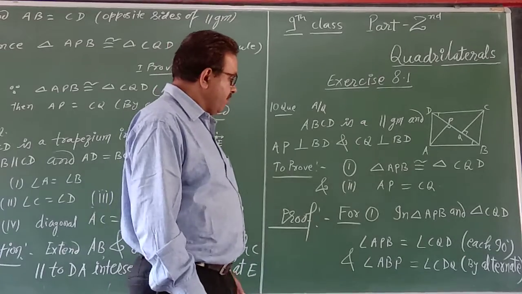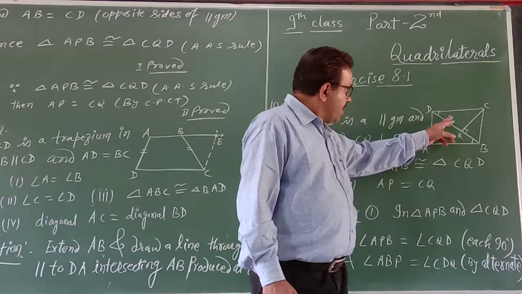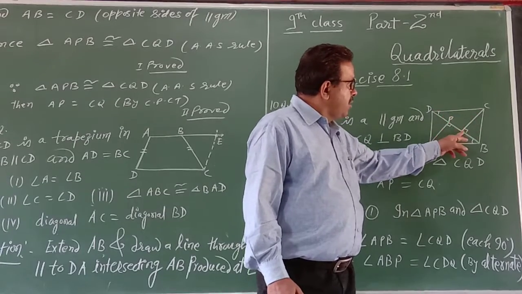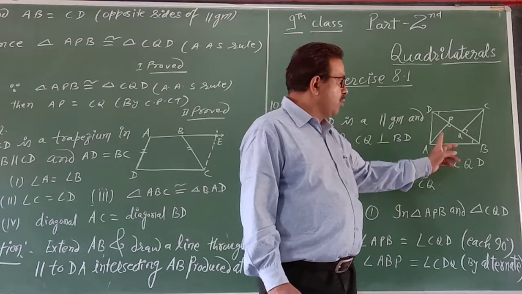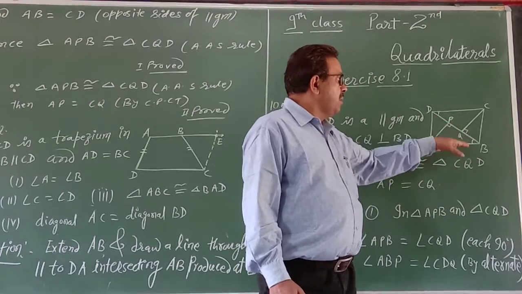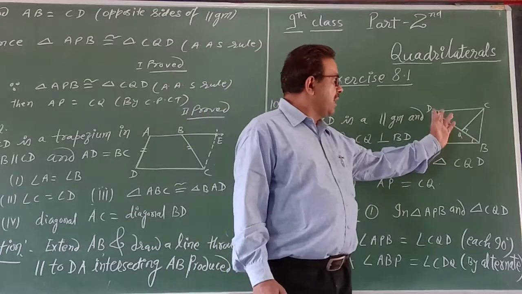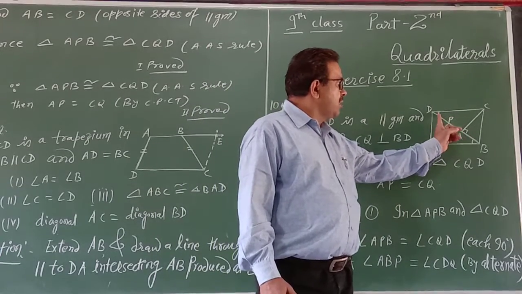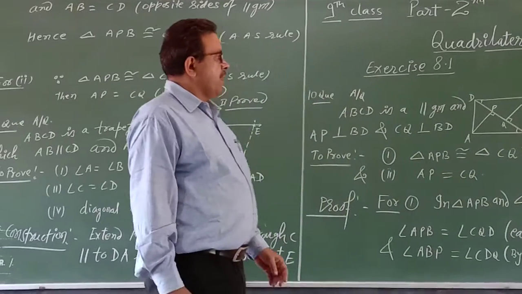Already it is given. And second, angle ABP is equal to angle CDQ by alternate interior angles, since we know that in a parallelogram opposite sides are parallel and the diagonal intersects them, so these angles are alternate interior angles.